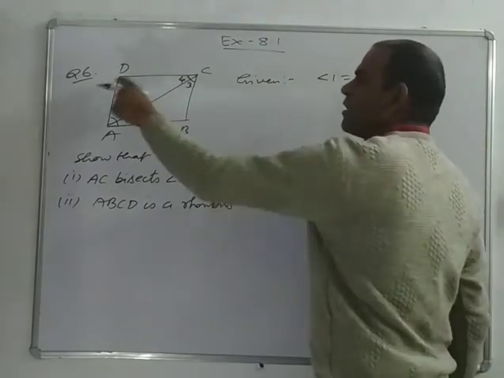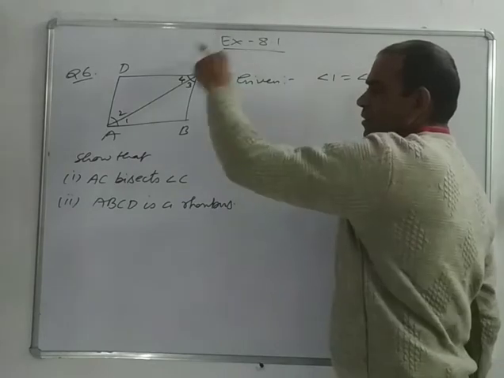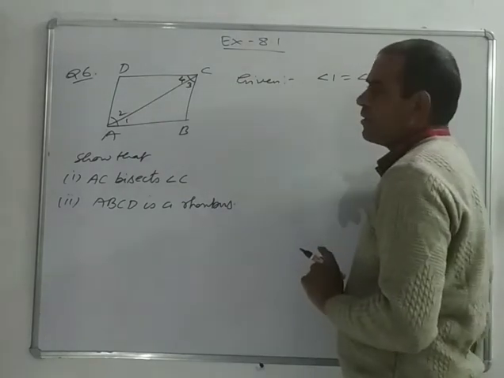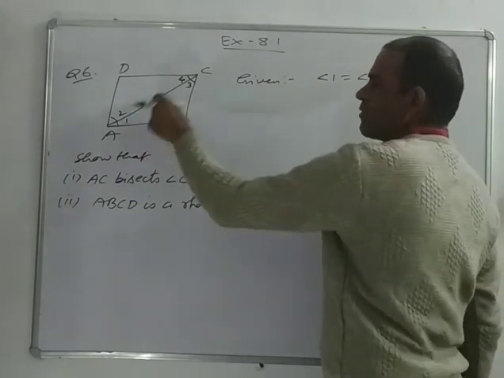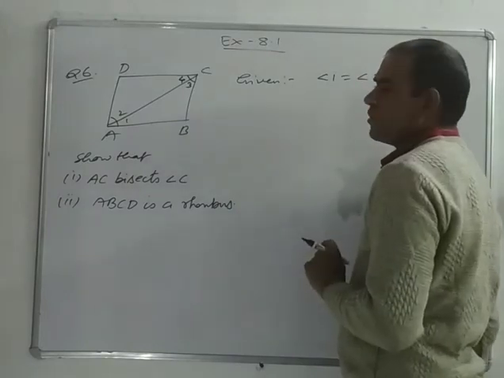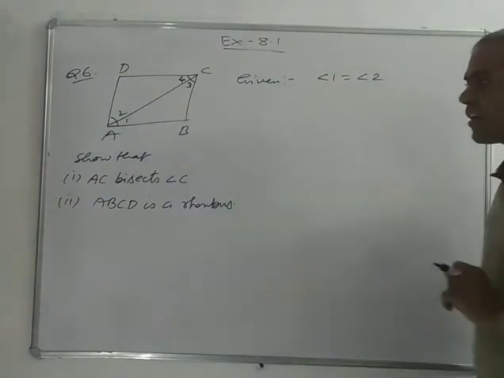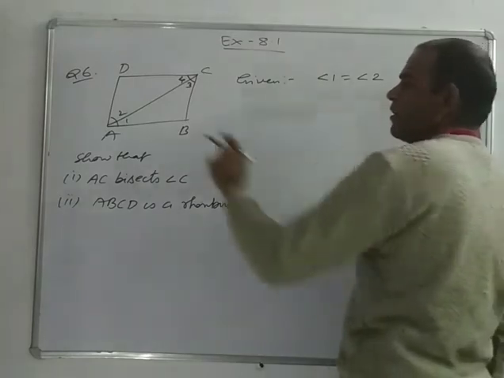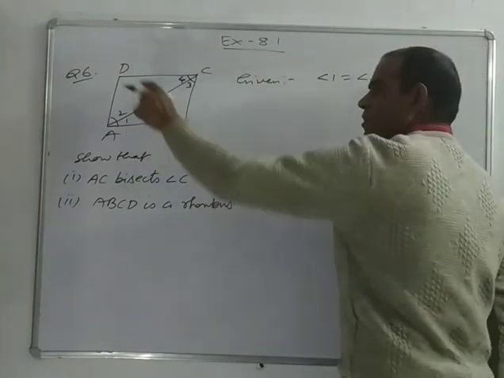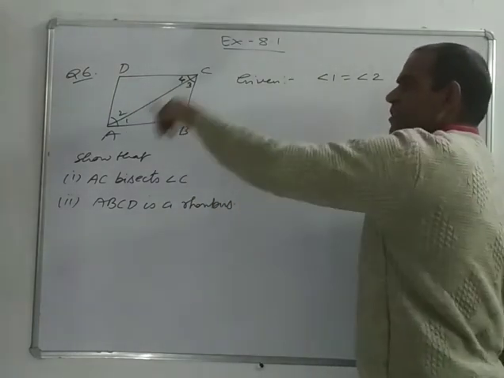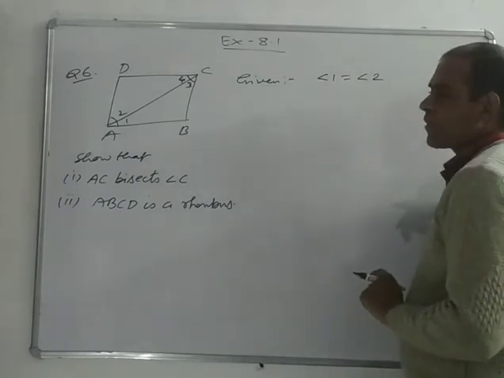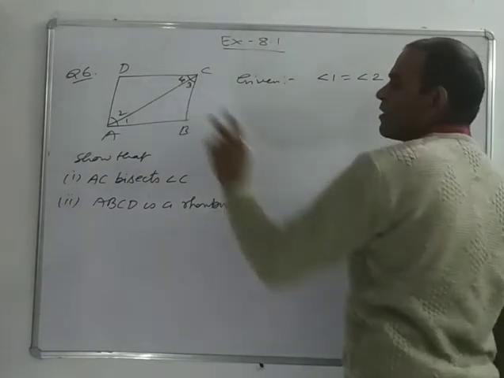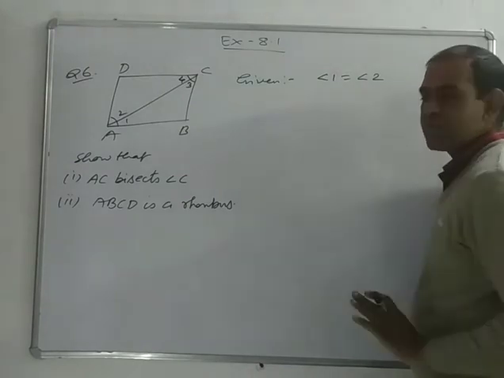So AB and DC are parallel and AC is a transversal. So angle 1 equal to 4. Reason: alternate interior angles. And similarly 2 equal to 3 because AD and BC are parallel and AC is also a transversal. And 1 and 2 are equal, so 3 and 4 are also equal.